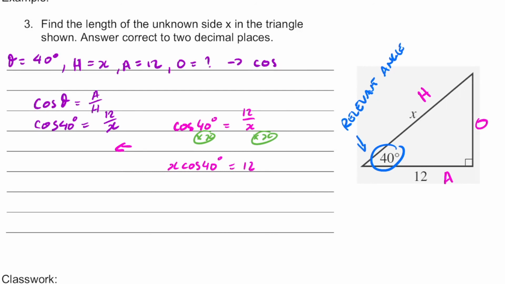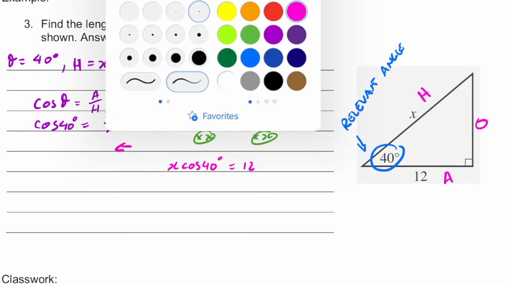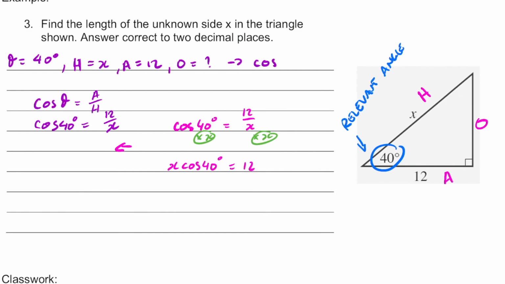Now that's not really helping us because we need to get x on its own. So our next step using some general algebra is to divide by cos 40. Okay, so dividing by cos 40 gets us x equals 12 over cos 40.